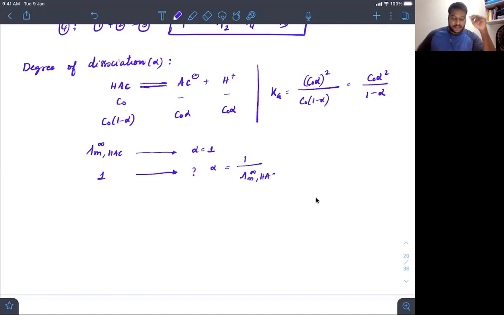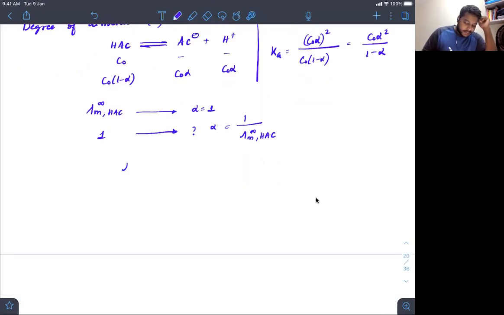Correct? Lambda is proportional to it. So from here I can say that alpha is the degree of dissociation. So alpha can be defined as lambda m of HAC at any concentration divided by lambda m of HAC at infinite dilution.